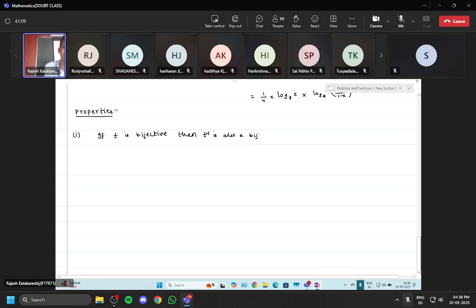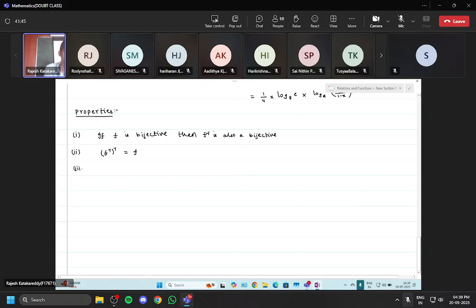It says that the inverse of a bijective function only exists, and that is also bijective. If you find the inverse of a function again, (f inverse) whole inverse is equal to f.